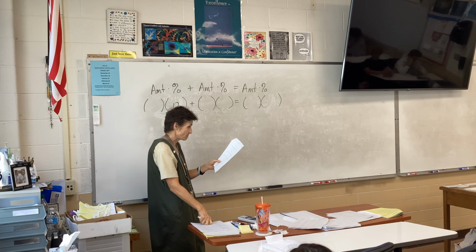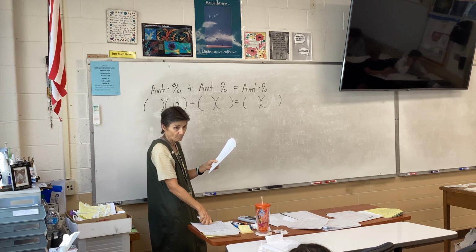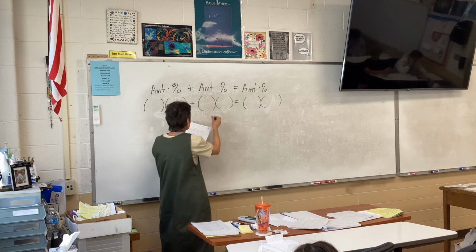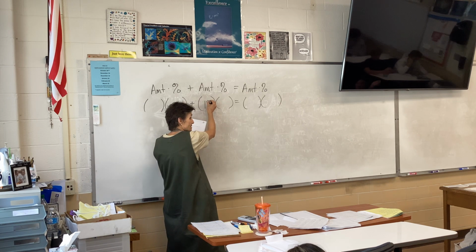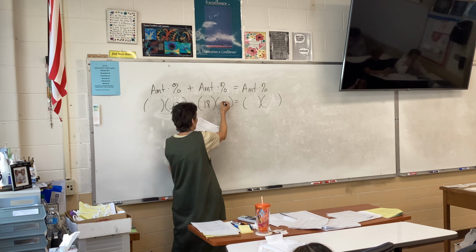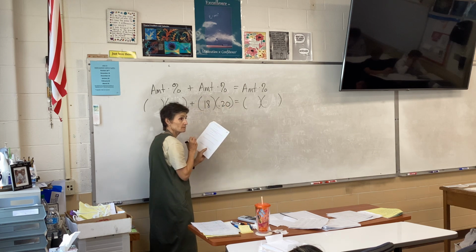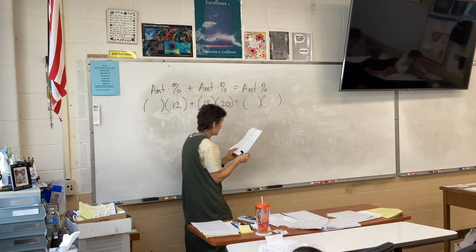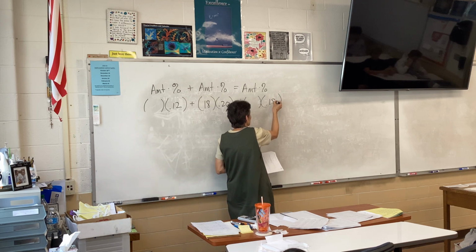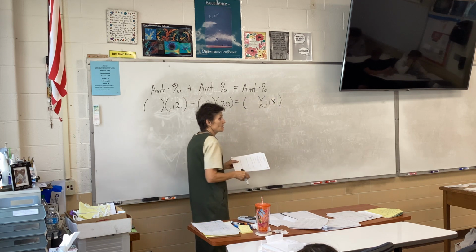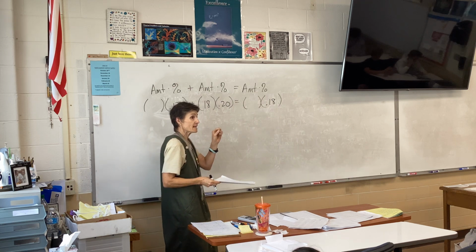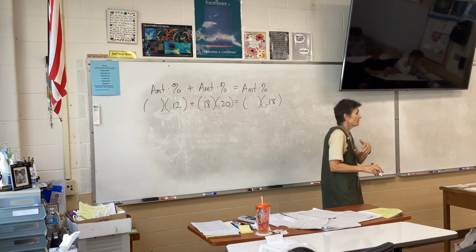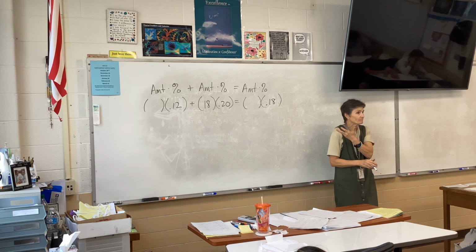It's gotta be the decimal, 0.12, always. And then we have 18 gallons of 20%. And we're gonna get lemonade that is 18%. So of the 6 pieces of information I need, 4 of them are right there in the problem.